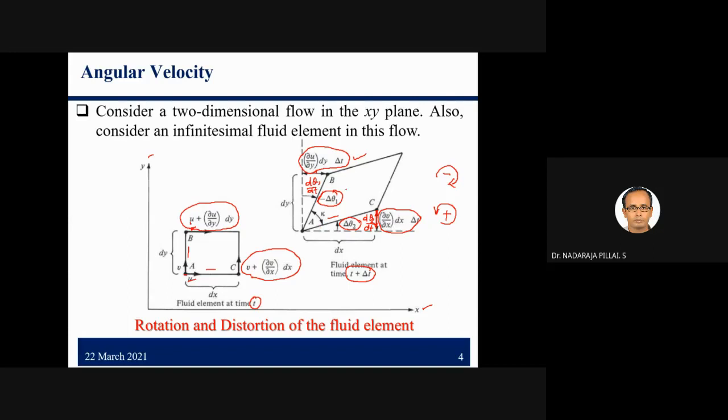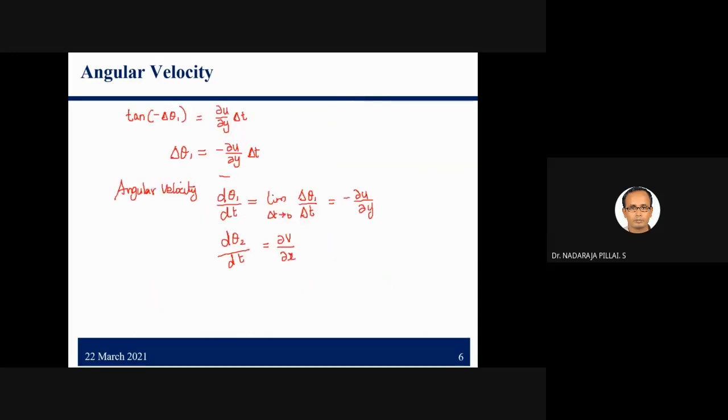The angular velocity of this fluid element in this two-dimensional xy plane is the average of the angular velocities of line AB and line AC. So what is angular velocity? We can write the angular velocity as omega z.